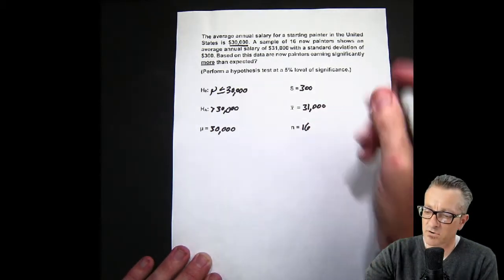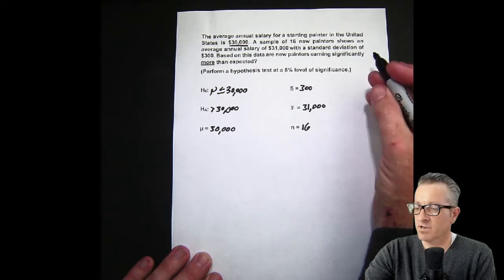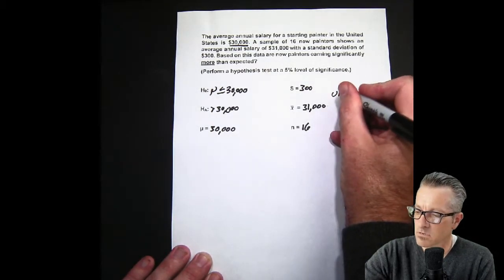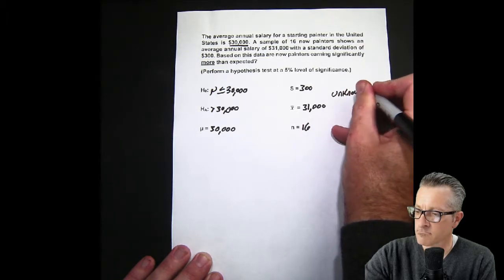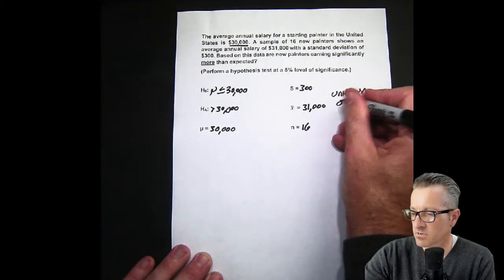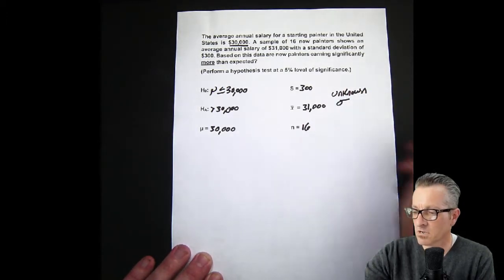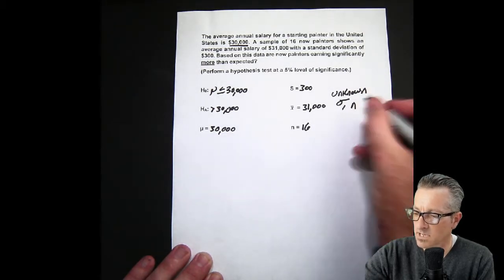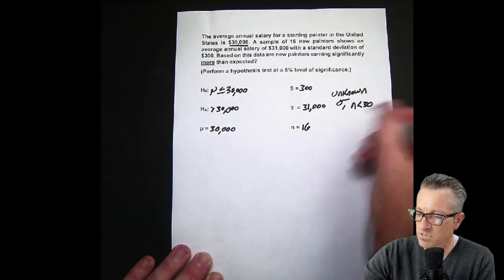So a couple things here right off the bat. We have an unknown sigma, or population standard deviation, and we have a small sample, so n is less than 30. So we're going to use the t-distribution.